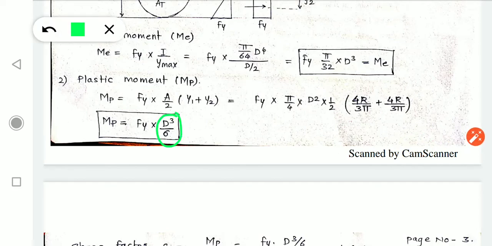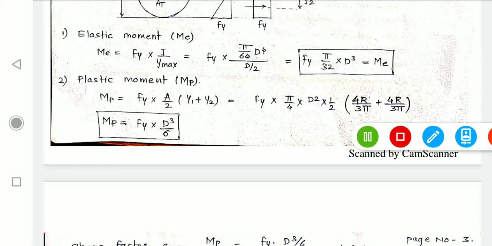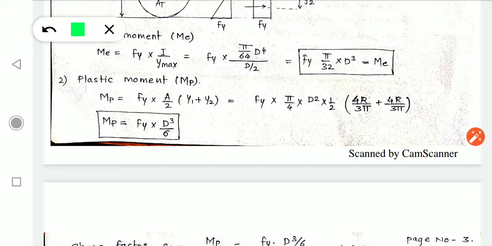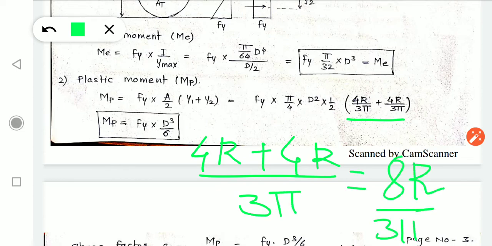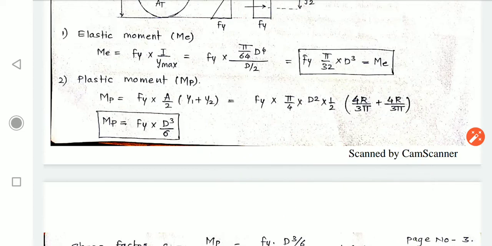If you want me to simplify it, 4r plus 4r, divided by 3 pi, gives us 8r divided by 3 pi.